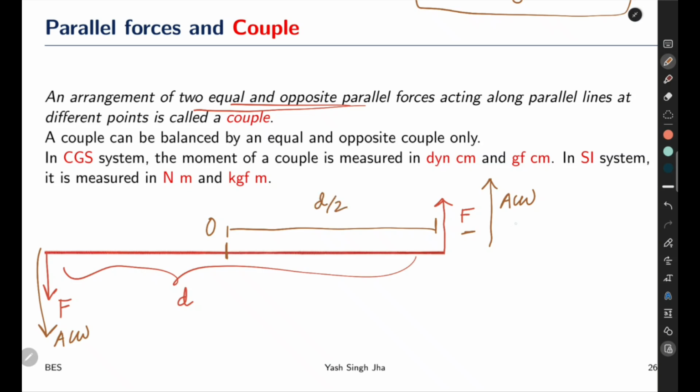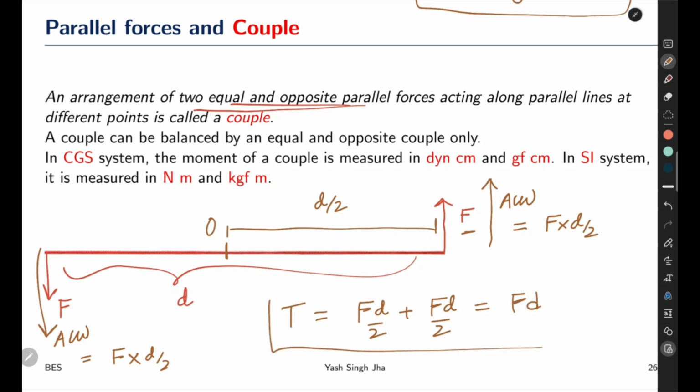Because of this force, the turning effect is F times d by 2 anti-clockwise, which is positive, and the turning effect due to this force is force times d by 2 anti-clockwise, so it is positive as well. So the total torque is F d by 2 plus F d by 2, which is force times the distance between them.